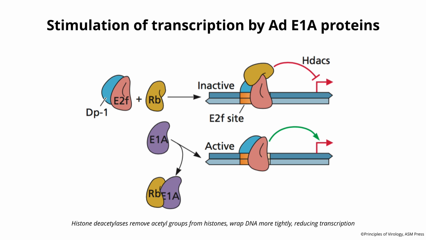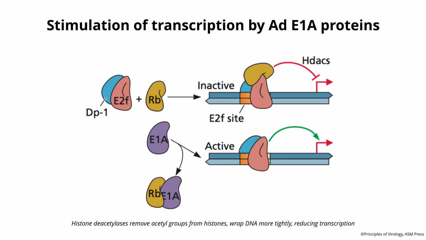So that's shown here by the color of the arrows. At the top, the inhibition of transcription by RB through the recruitment of HDACs is a red line with a flat end to it. That's typical for inhibition. And then on the bottom, we've removed RB, and now there are no more histone deacetylases. You can get transcription. So E1A protein is an incredibly important protein to get rid of RB from this complex. If you take E1A away, the virus will not replicate.